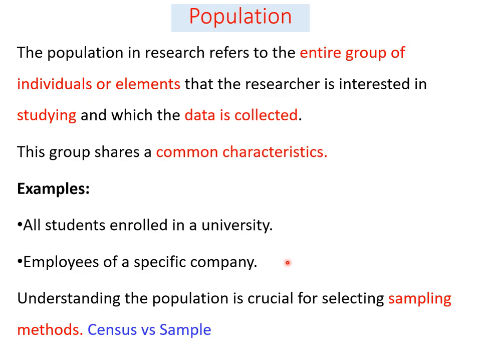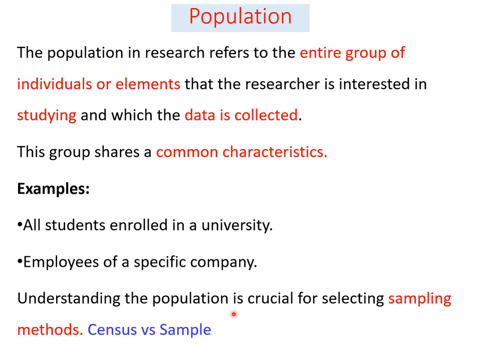In general, understanding the nature of the population is very crucial for making major decisions like selecting a suitable sampling method, so as to minimize bias and increase representativeness.